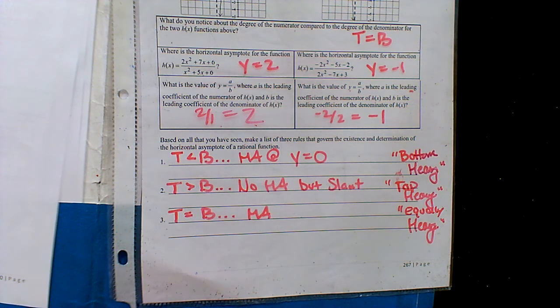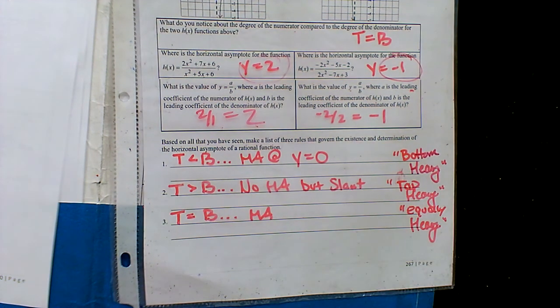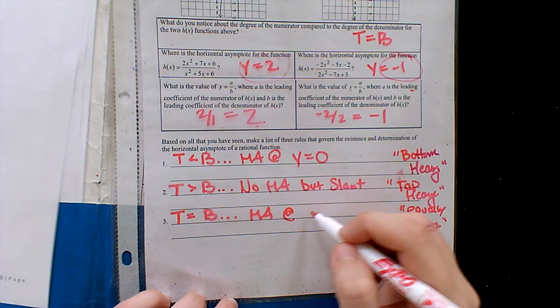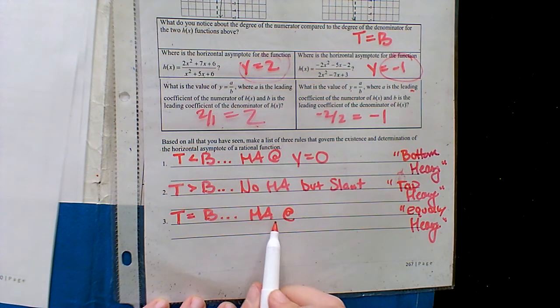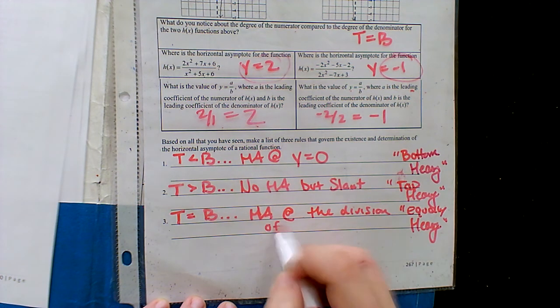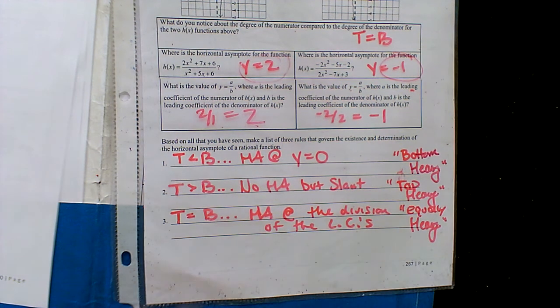It might not always be a number, but we can say it's always something. How did we get -1? Yeah? Is it the top leading coefficient divided by the bottom? Okay, perfect. So horizontal asymptote at the division of the leading coefficients. Okay, so the top divided by the bottom.